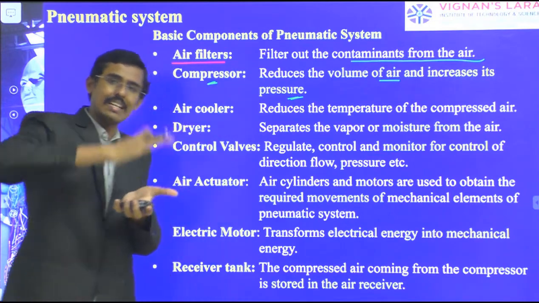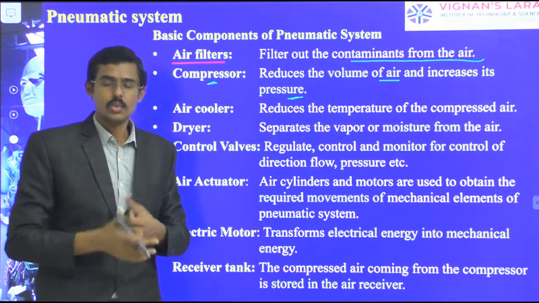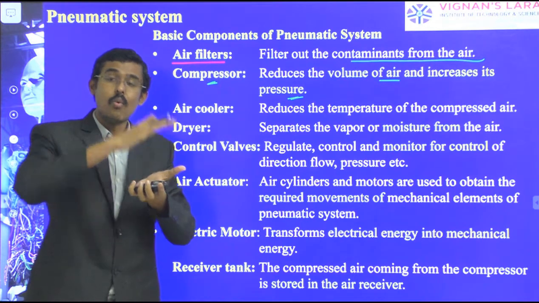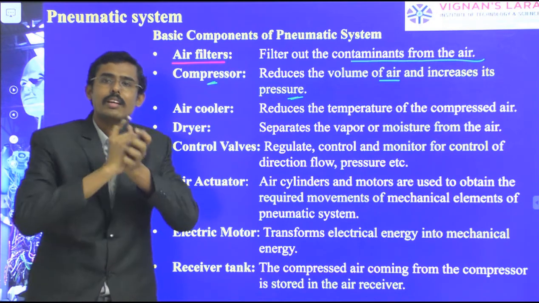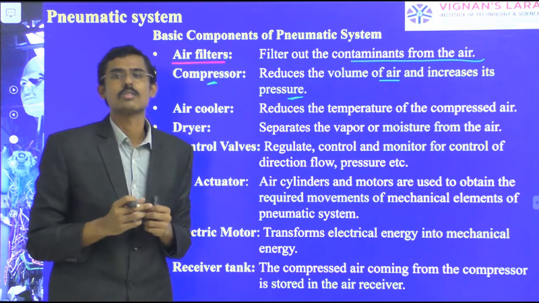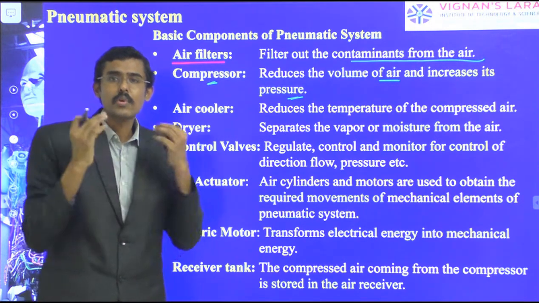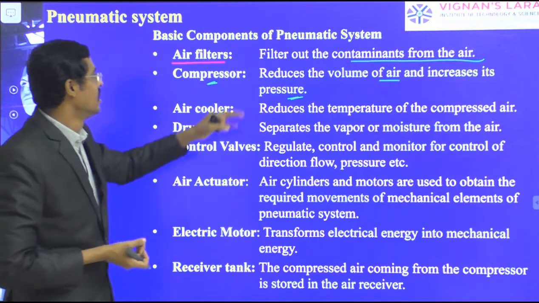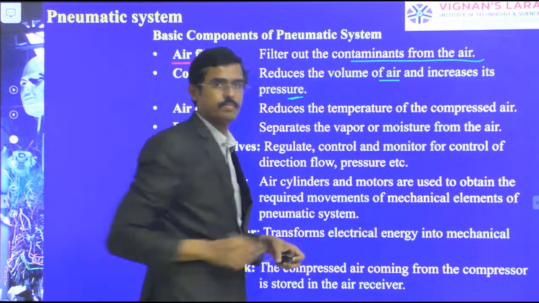Air is compressible, not like a fluid, so it can be compressed, the volume can be reduced, and if the volume is reduced, obviously we are compacting and the pressure is increasing. Reduced volume of air increases its pressure.